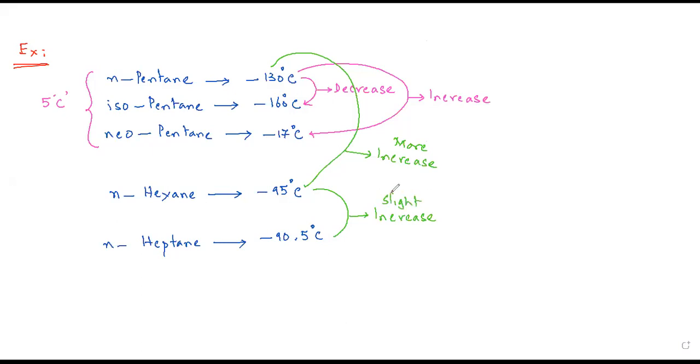This is what I said, alternation effect. So this is a quite interesting point. So we cannot give a generalization with regard to branching also. Of course, with regard to the number of carbon atoms, we can simply say that melting point is directly proportional to the number of carbon atoms. There is no doubt about this.